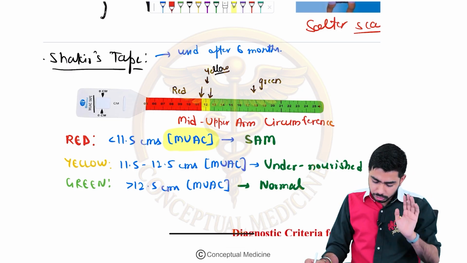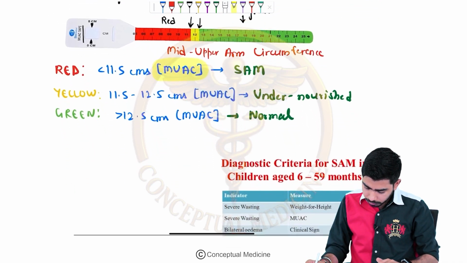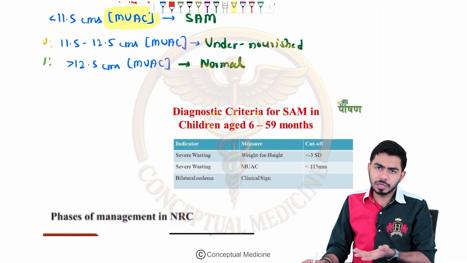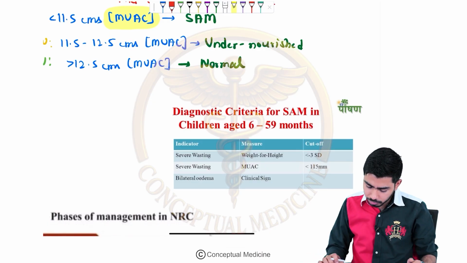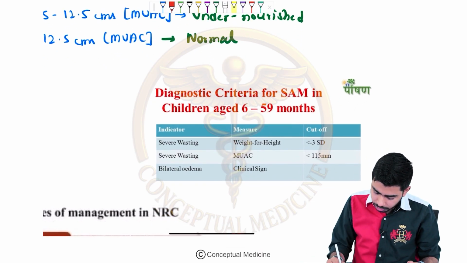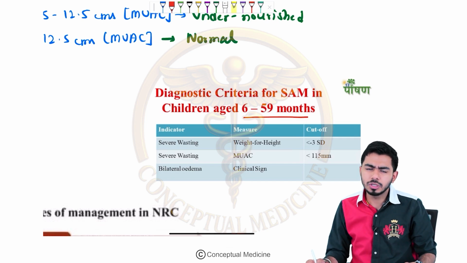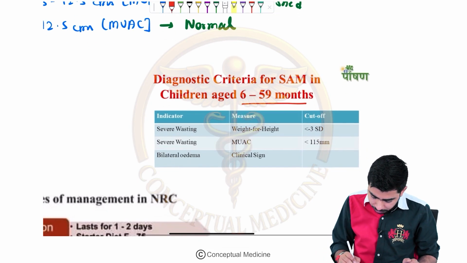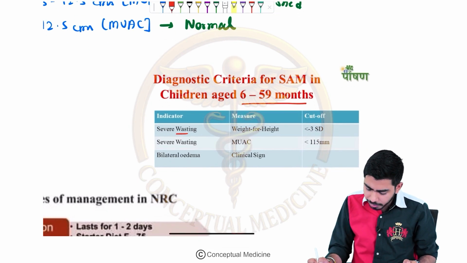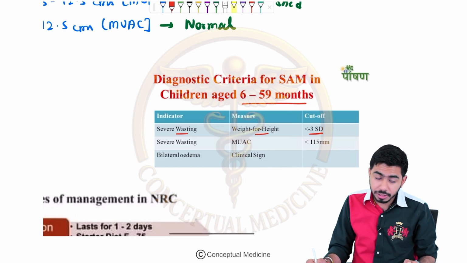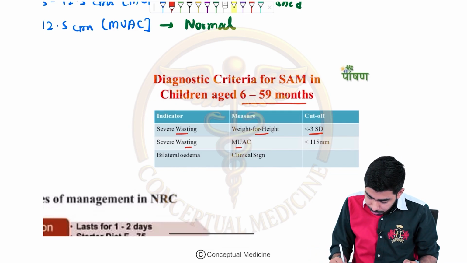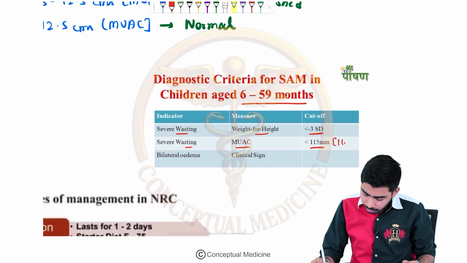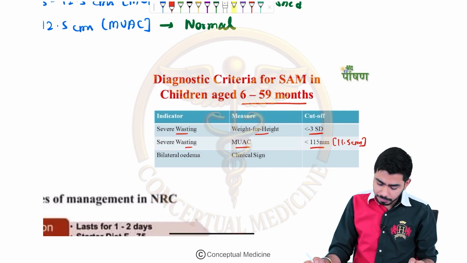Okay, fine, guys. Once we have talked about the Shakir tape, now we shall be talking about the SAM criteria, which we have just discussed: less than 11.5 centimeters according to the Shakir tape will be considered under the red category, that is severe acute malnutrition. For children in the 6 to 59 months age group, at least this you should remember: severe wasting is considered when the weight for height is less than -3 standard deviation, or when the mid upper arm circumference is less than 11.5 centimeters, or 115 millimeters.